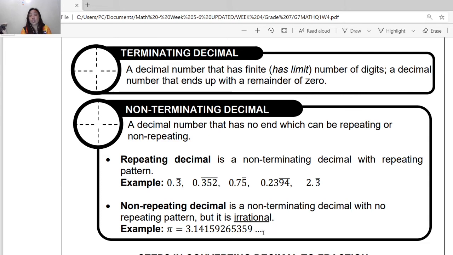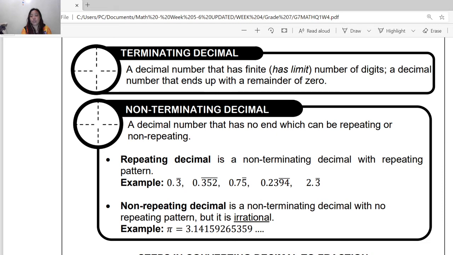We don't know what is next because there's no number which is repeating here. So you don't know what the numbers are, but it is continuous. It is non-terminating. Therefore, this kind of number is called an irrational number.